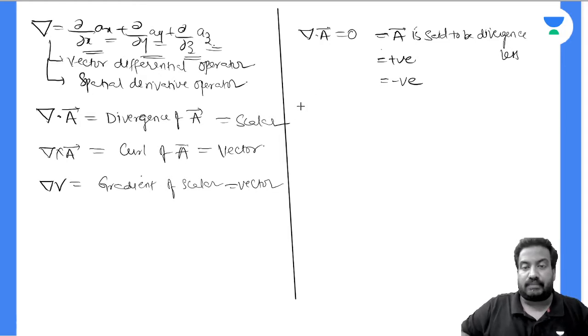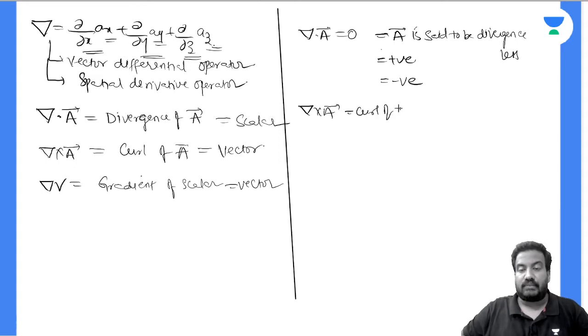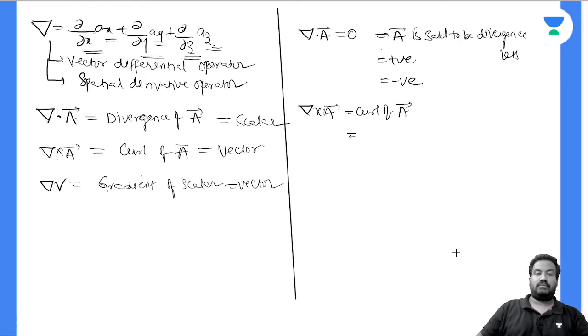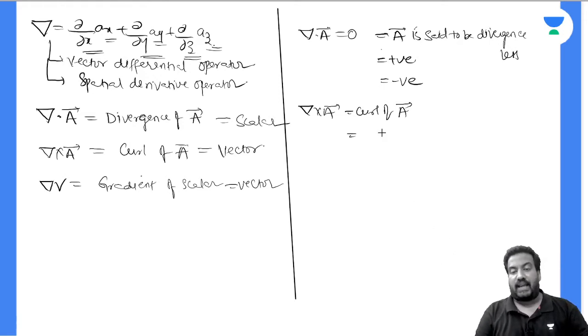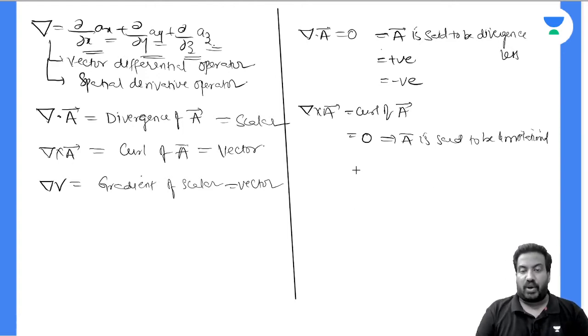Coming to curl. Del cross A is curl of A. If this curl is 0, rotation is 0, A is said to be irrotational, cannot be rotated.